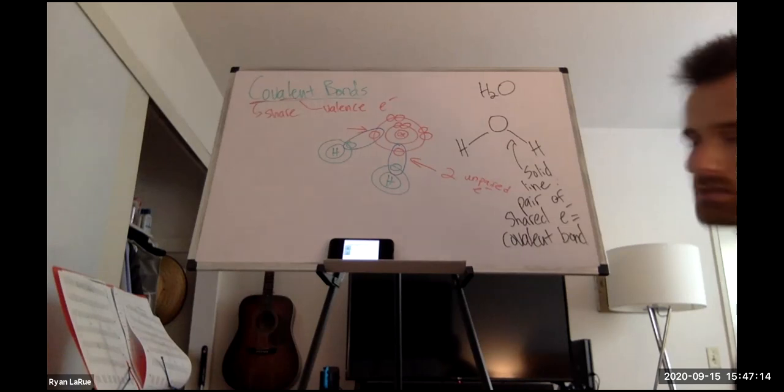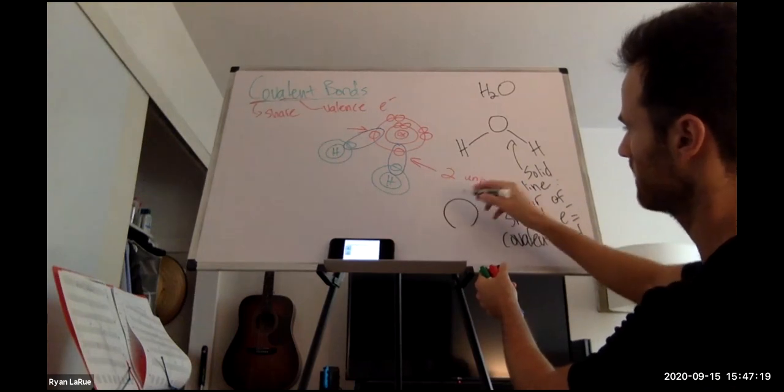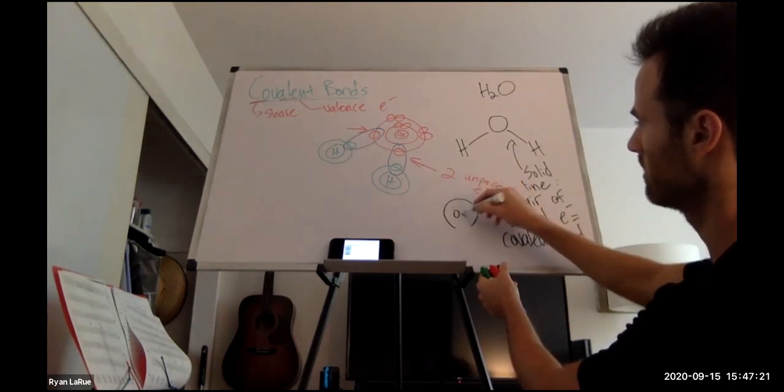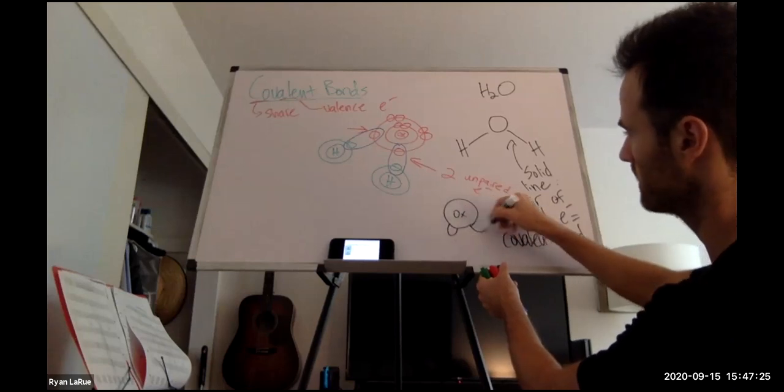You might also sometimes see it kind of looking like this, where oxygen is kind of like this big circle like that, and then the hydrogens are attached to it like that.